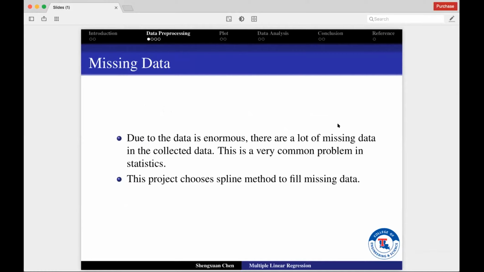Because the data is huge, there is a lot of missing data. So I will fill the missing data, and this project will choose the spline method to fill it.